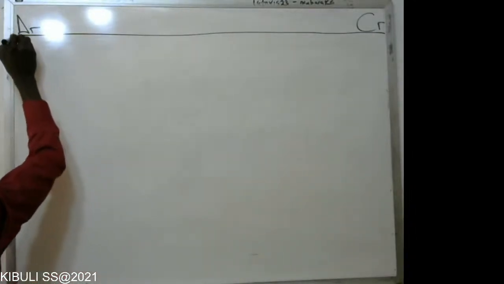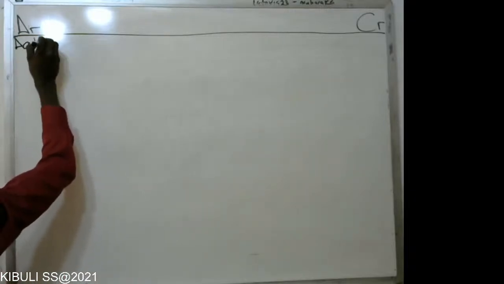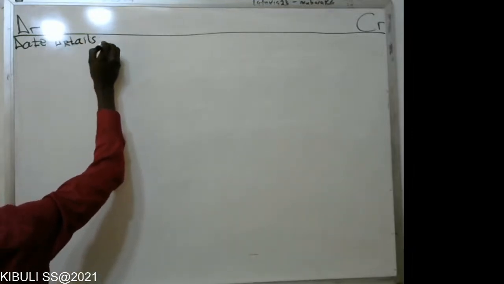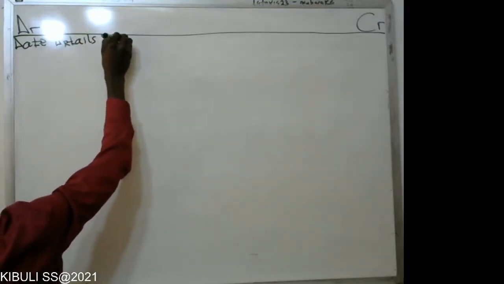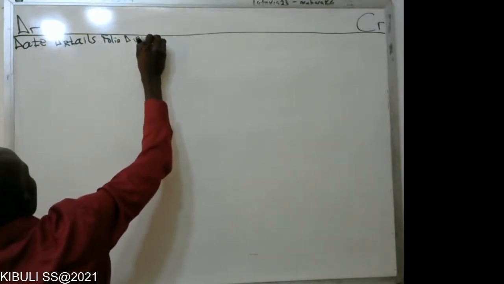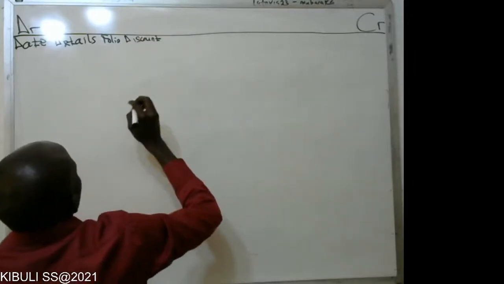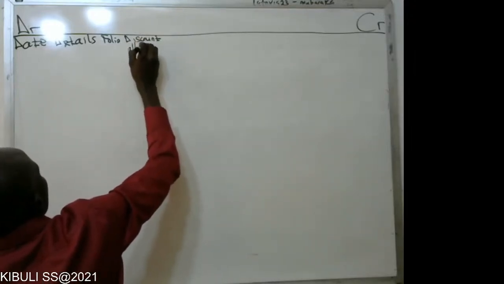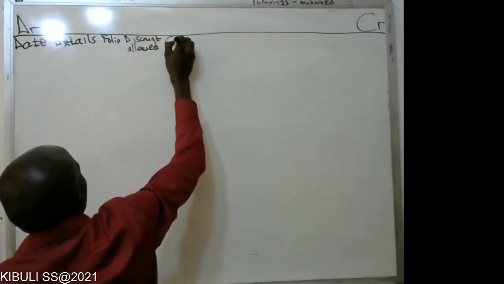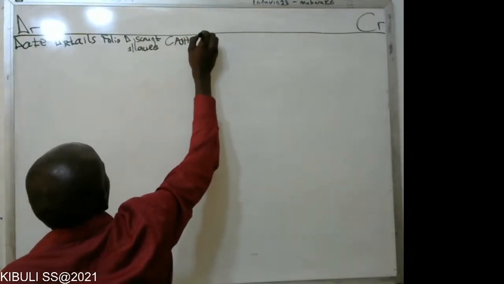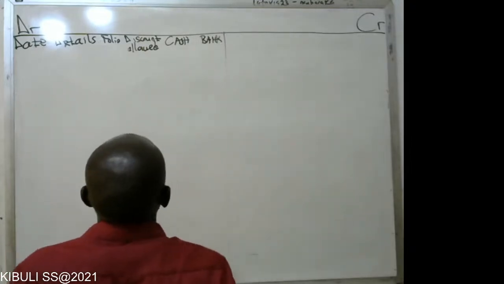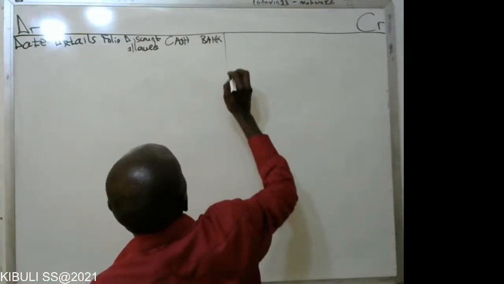So you have the date, you have the details, you have the folio, then you have the discount allowed on the debit side. Then you have cash and then bank. Do the same on the opposite side.